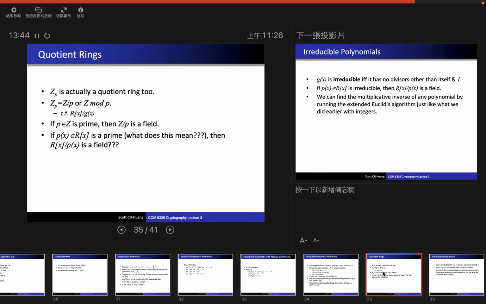So Z_p is a prime field. How to construct this field? It's just ordinary integer arithmetic mod p. That's the only thing. If p is prime, then we can find its inverse.